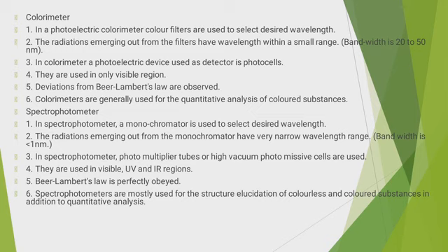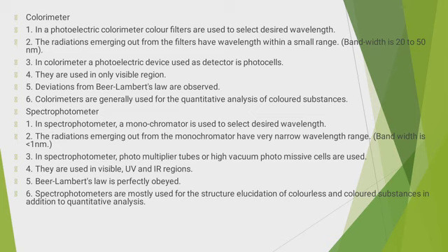The next point is that deviation from the Beer-Lambert law is observed in the case of the colorimeter, but the Beer-Lambert law is perfectly obeyed by the spectrophotometer. Colorimeter is only used in the visible region, but the spectrophotometer can be used in the UV, visible and IR region.